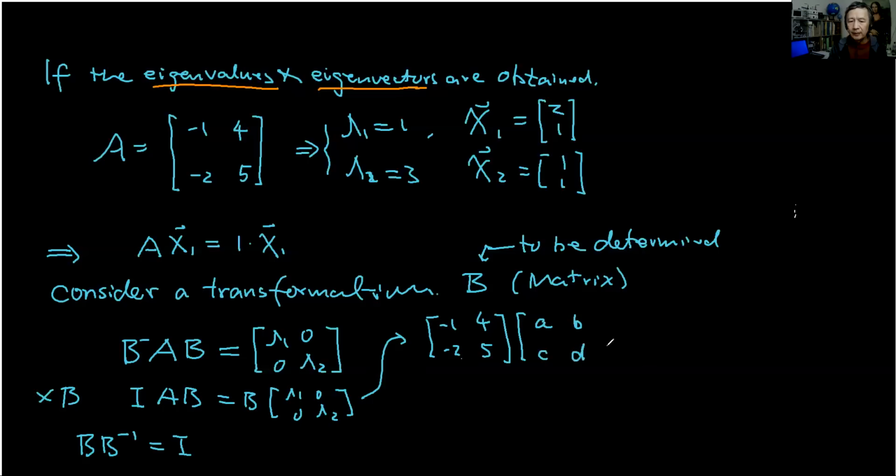It will equal B, using a, b, c, d, and we know the values of lambda 1 and lambda 2: lambda 1 is 1, lambda 2 is 3. Now, can we use this equation to determine a, b, c, d?